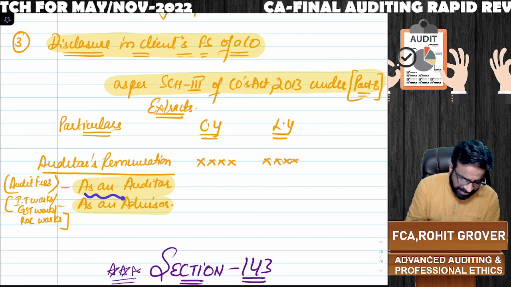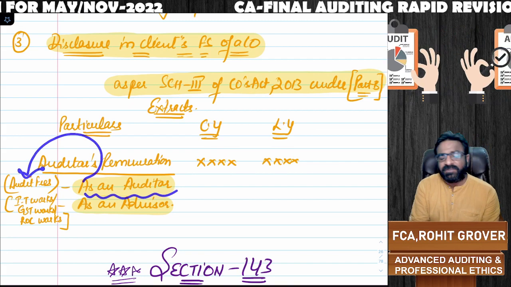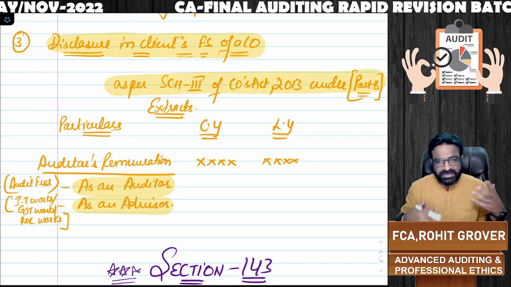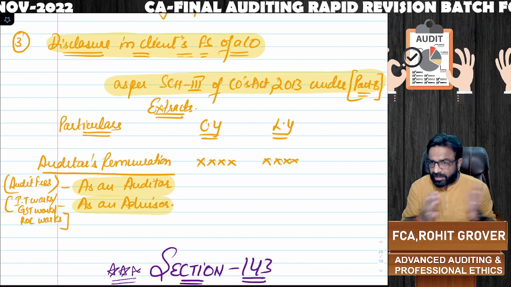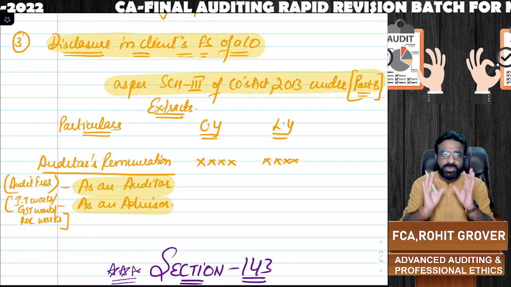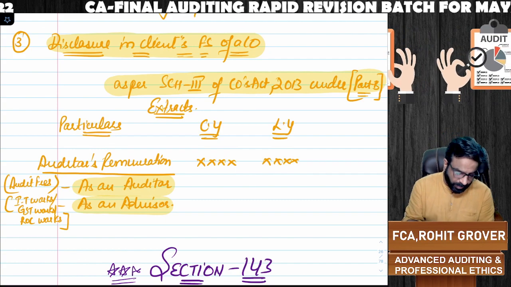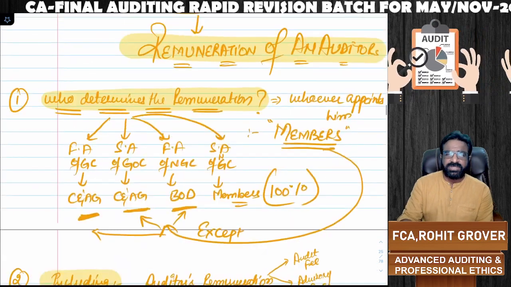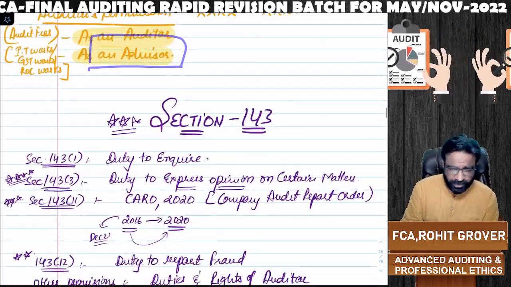As an auditor, only his statutory fees will be counted, and as an advisor, if he has done any IT work, GST work, or any kind of ROC work related to his client, those are also included. So this brings an end to our very small section, section 142.